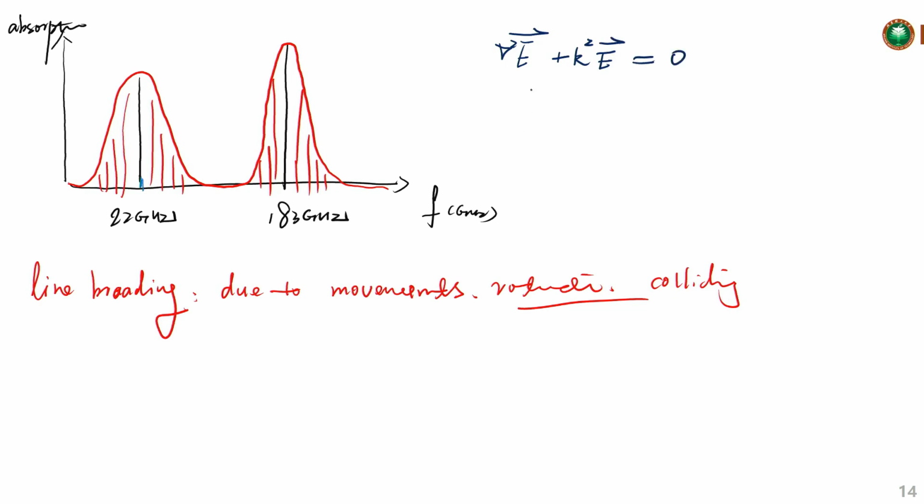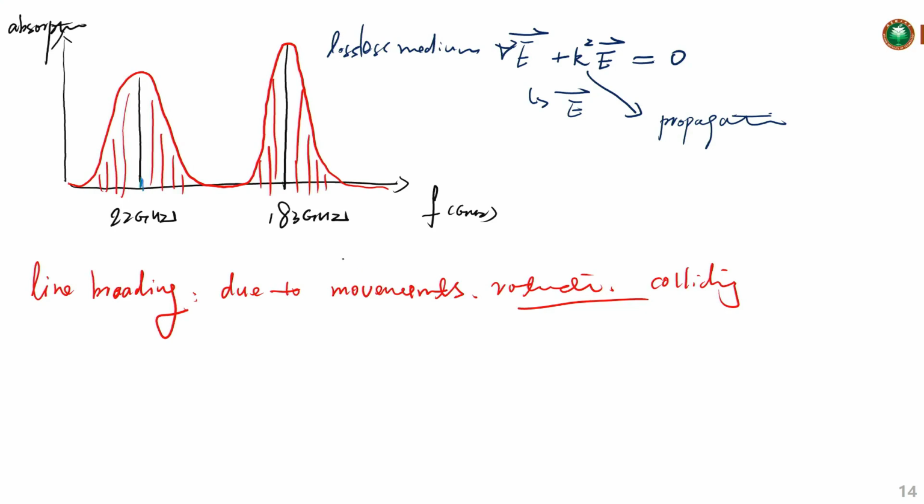We get the solutions of the electric field, which corresponds to the propagation of the electromagnetic waves, and the K represents the propagation of the electromagnetic waves. The K is the wave number, and this corresponds to a lossless medium, all right? So there's no attenuation inside the medium, so there's no absorption.